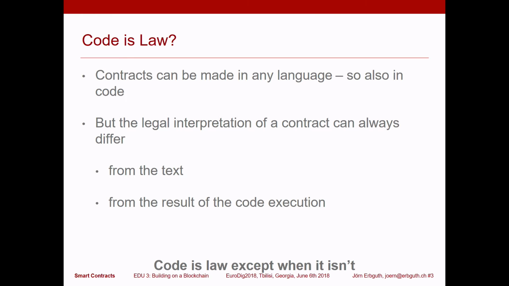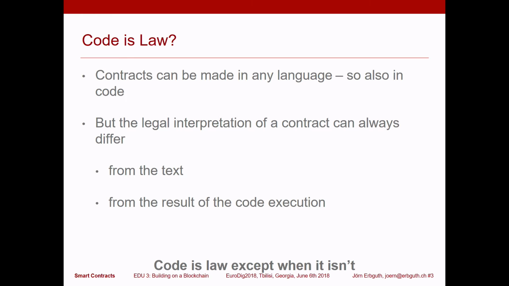But what does it mean? It means when you have a written contract, the legal contract can differ from the written contract. There is mandatory law that will always apply, and if you have a provision in your contract that's contrary to mandatory law, it will be invalid. It will not be executed.